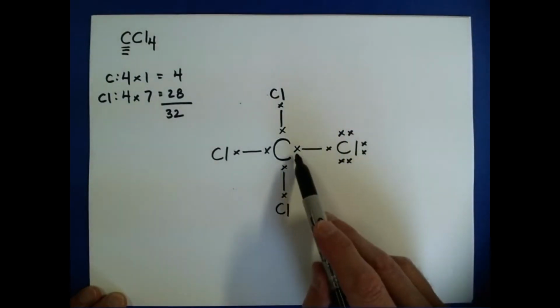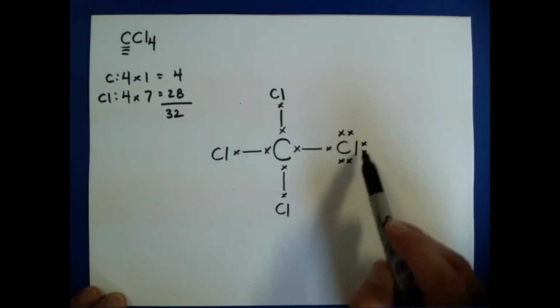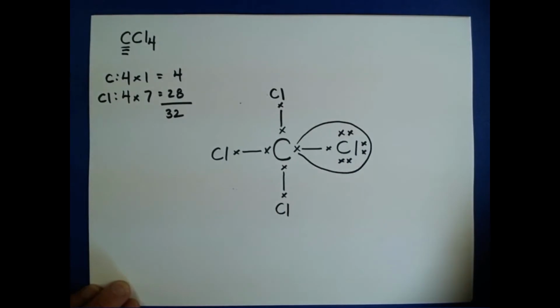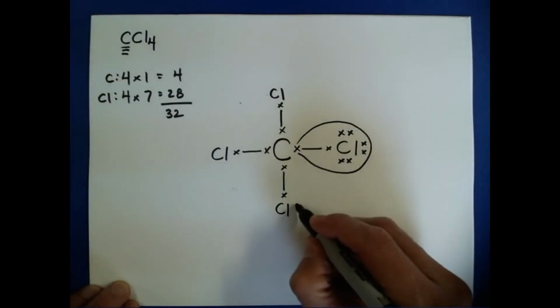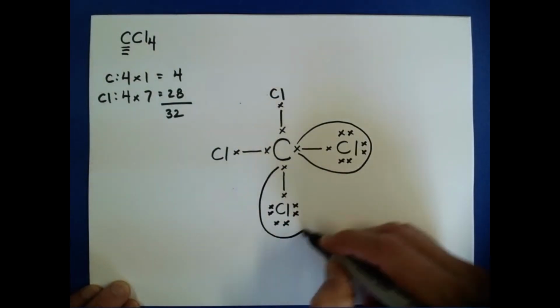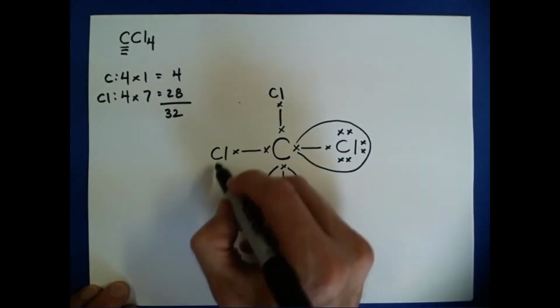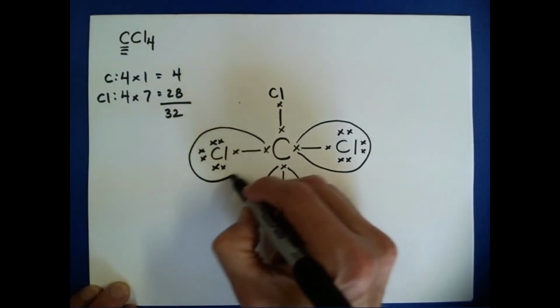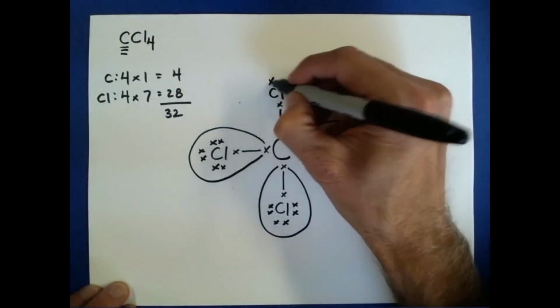Because notice, we count both these electrons in the pair, 1, 2, 3, 4, 5, 6, 7, 8. That makes this chlorine atom feel like it has 8 electrons in its valence shell. We'll do the same thing here. It's got 8. We'll do it with this chlorine atom. And this chlorine atom.